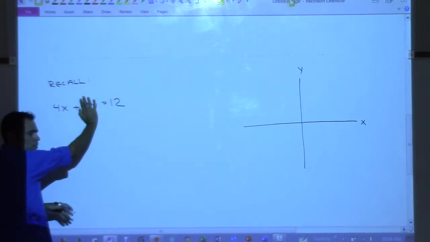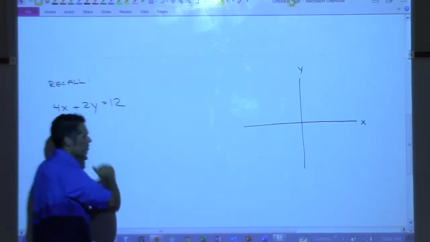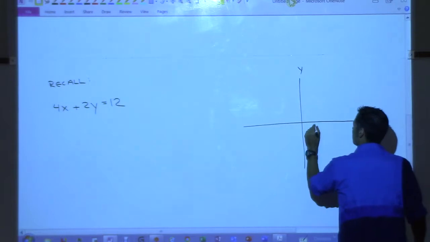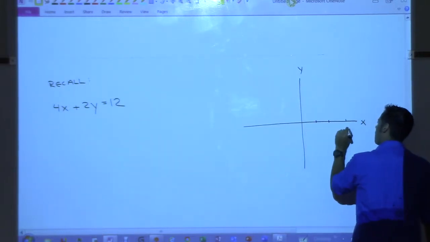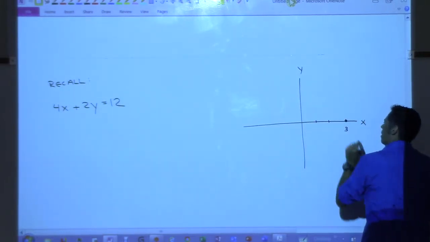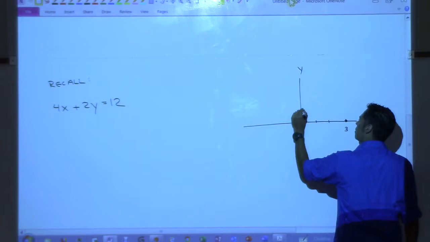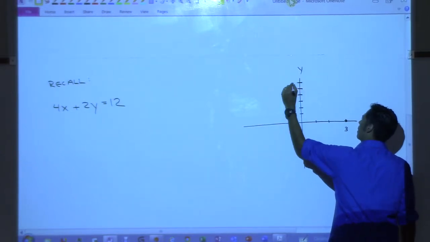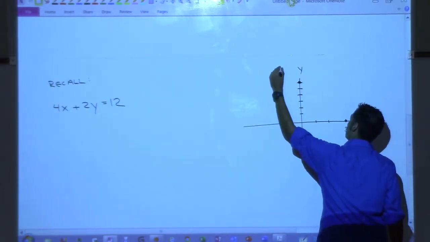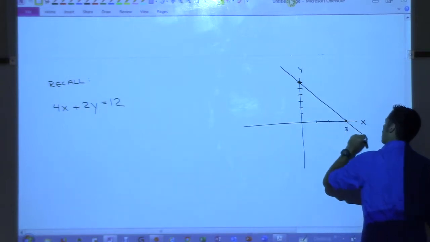Okay, I'm not going to go through the work, but divide both sides by 4, I get 3. So I have an x-intercept of 3. And I have a y-intercept of 6. 1, 2, 3, 4, 5, 6. And then I draw a line like this.